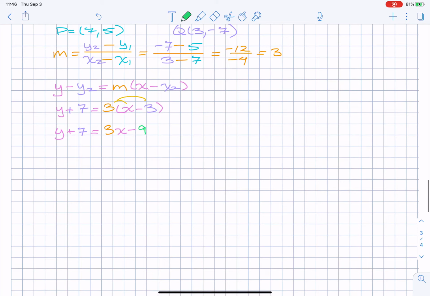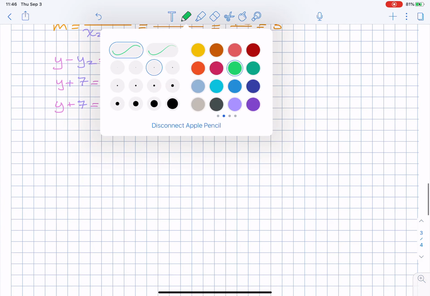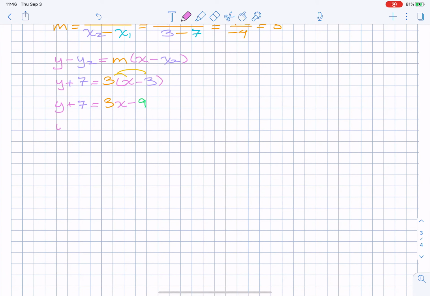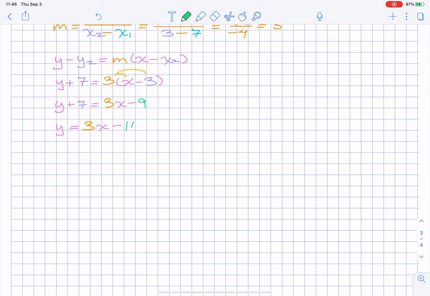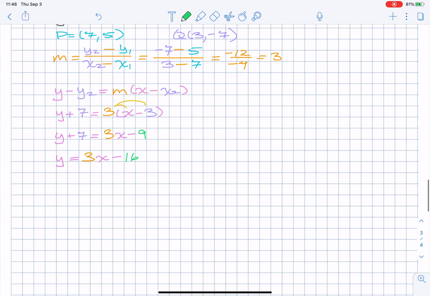So now I'm going to subtract 7 from both sides. So we get y is equal to 3x minus 16. Okay, so this is the equation in slope-intercept form.